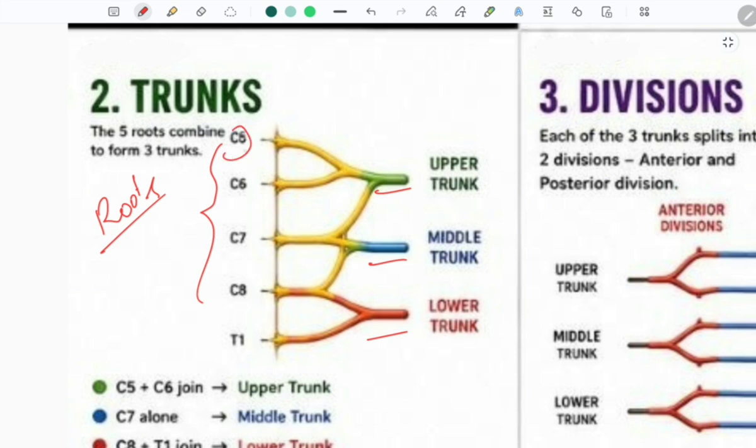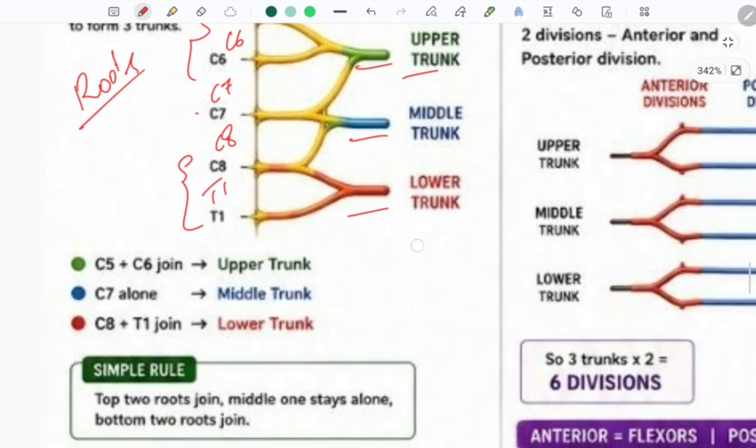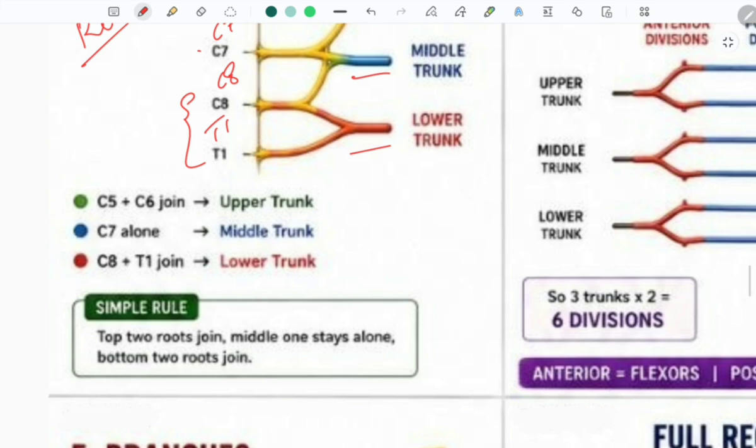The upper trunk is formed by C5 and C6, the middle trunk by only C7, and the lower trunk by C8 and T1. Simple rule: the top 2 roots join, the middle one stays alone, and the bottom 2 join together.